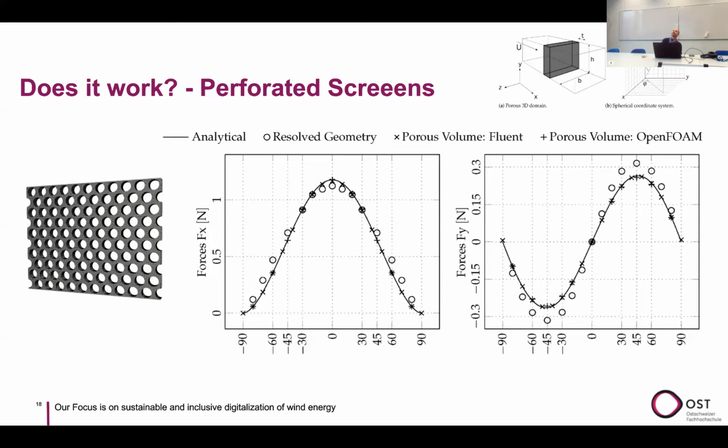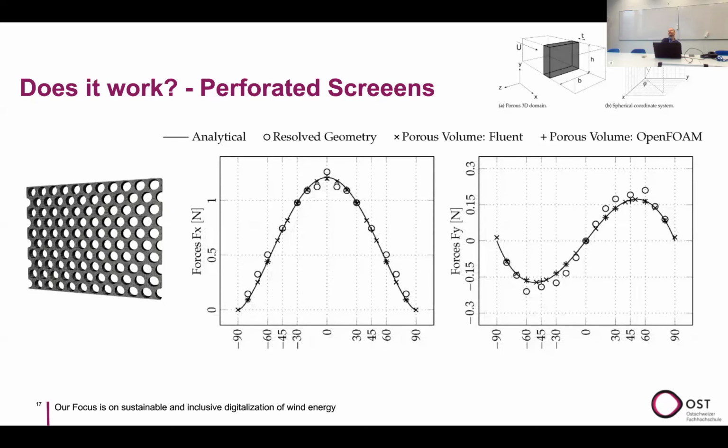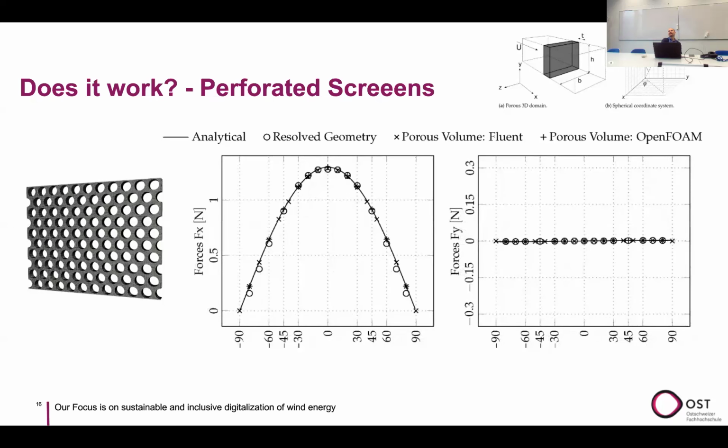I think the problem there is it's not just phase and amplitude though, it's an offset as well.